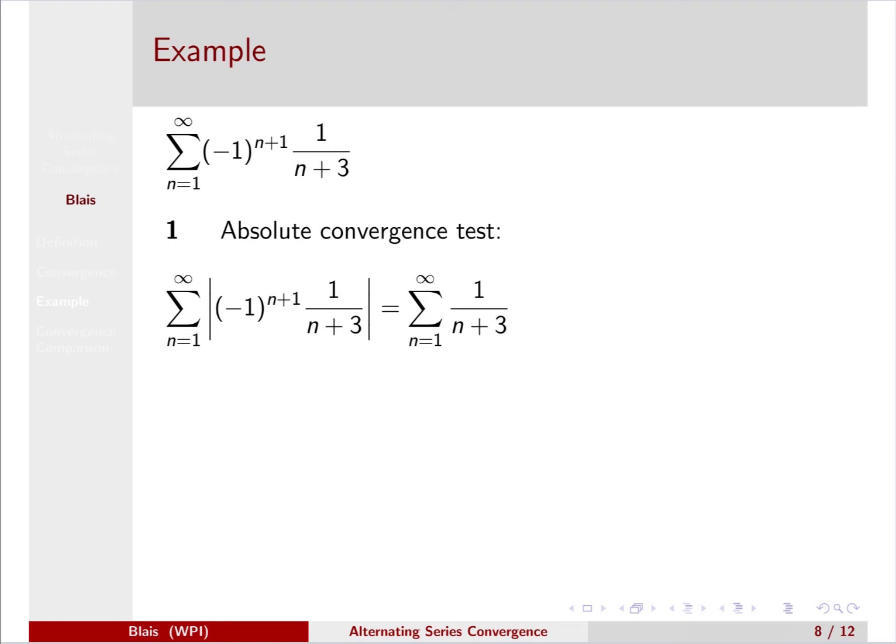There's a couple ways we could look at this. We can use a comparison test, like the direct comparison test or the limit comparison test, when we note, based on a dominant terms argument, that for large n, in 1 over n plus 3, the dominant term in the numerator is 1, the dominant term in the denominator is n, so it behaves like 1 over n.